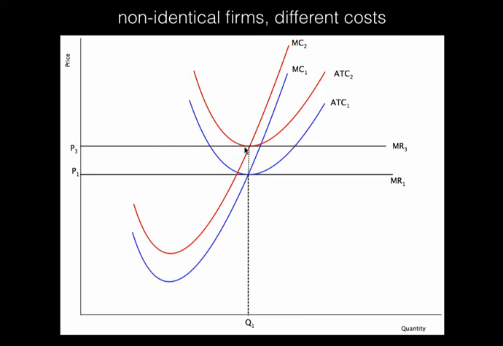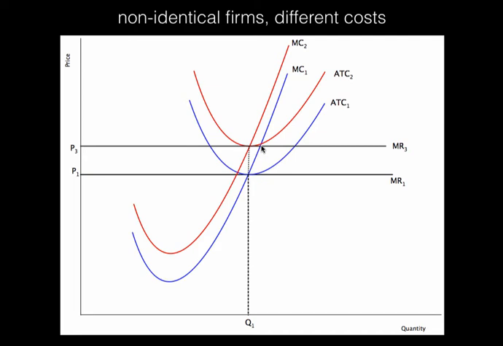But in that case, at P3, these original firms in blue can make a profit. So by relaxing that assumption of all firms being identical, we could have a case where one or some firms are making a profit if they have different cost curves. You don't see that too often.